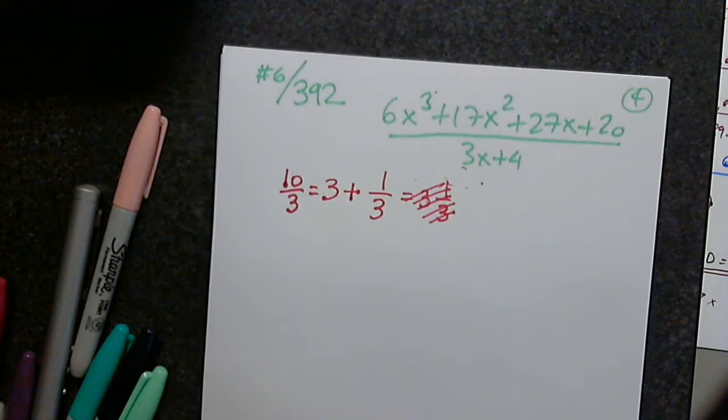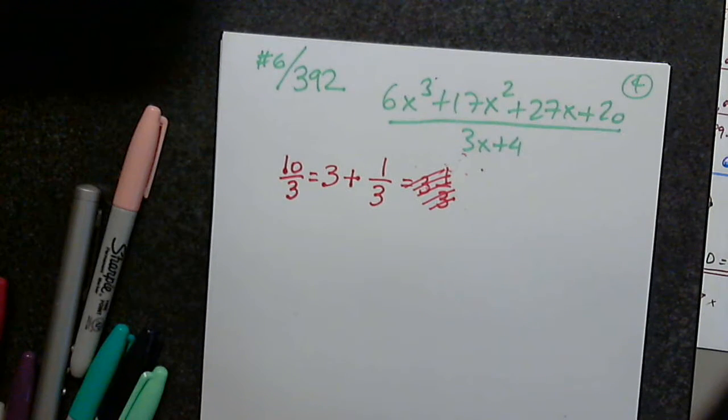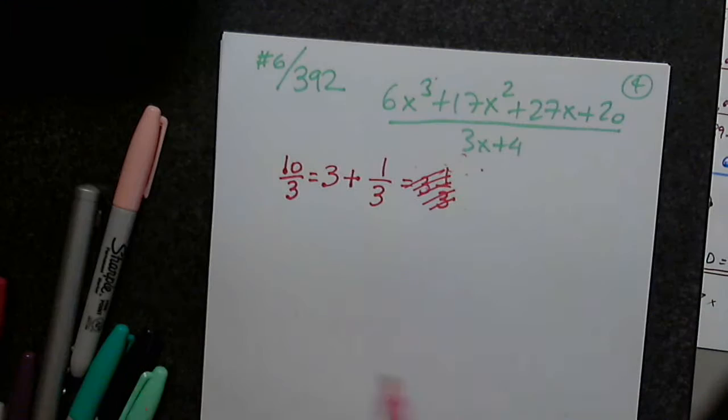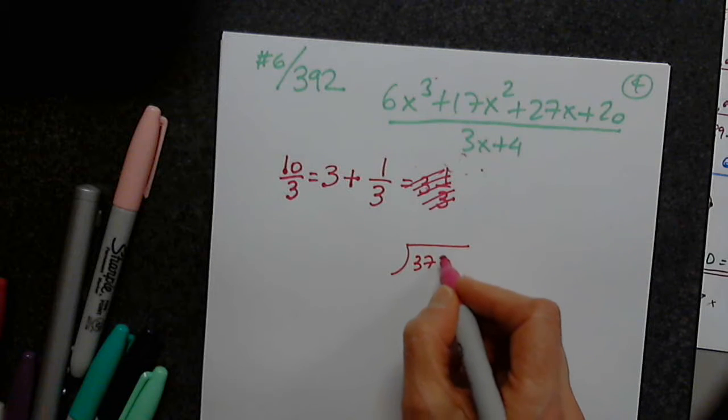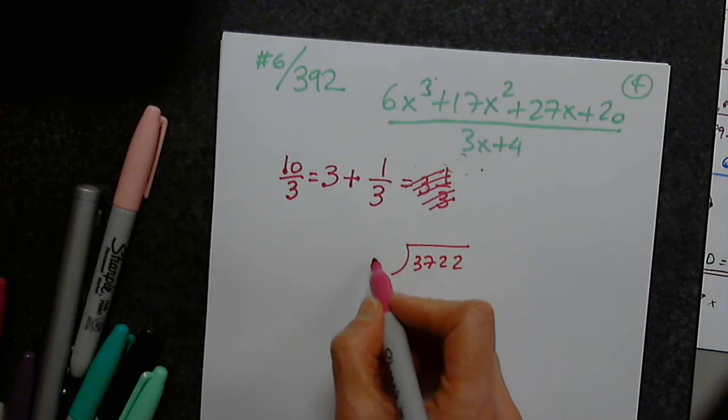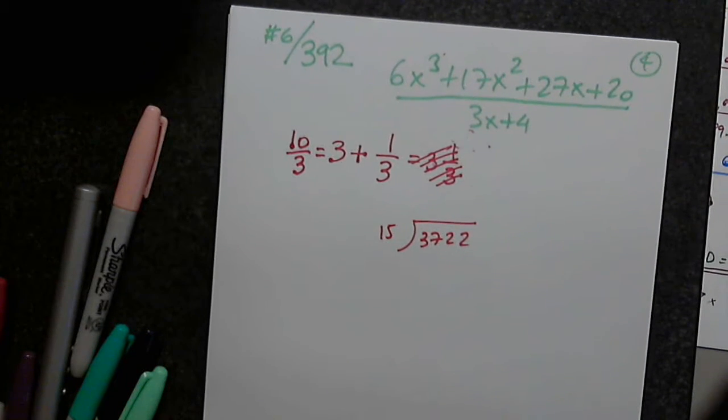Yes. Second thing that I would like to make sure you understand, I know we don't do this by hand anymore, but let's say you are in the desert and you have to divide and you don't have a calculator. So you have to divide, let's say, 3722 by 15. Bear with me, because I'm making a point.